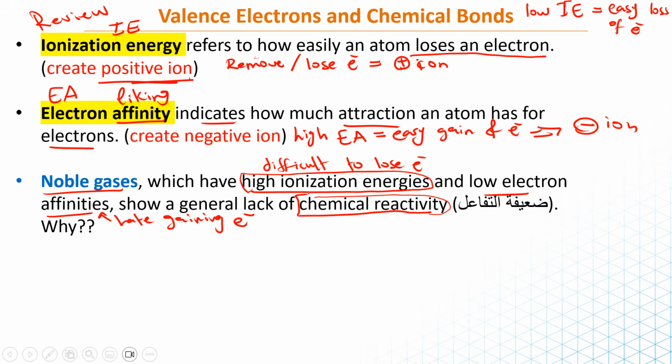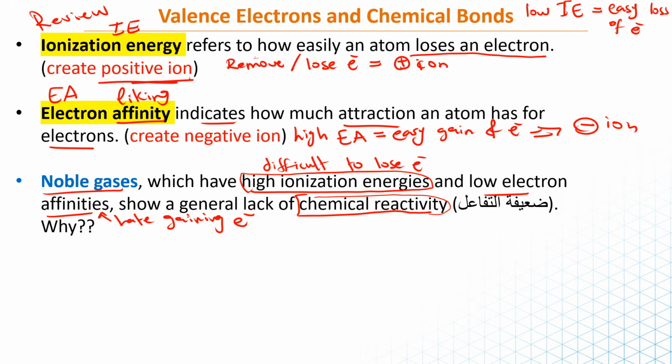Chemical reactivity refers to the ability of atoms to create chemical bonds by losing, gaining or sharing electrons. So noble gases don't want to make chemical bonds. They don't want to lose electrons. They hate electrons and they don't want to get them.